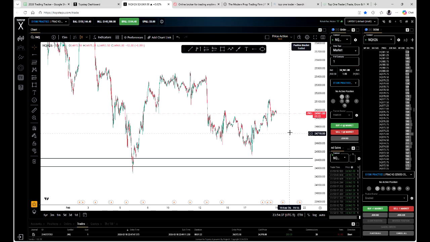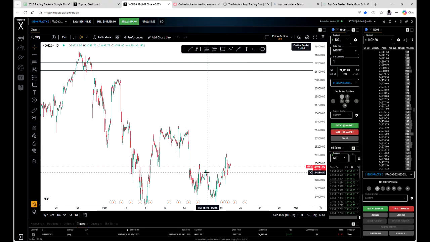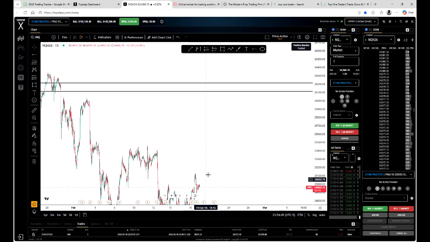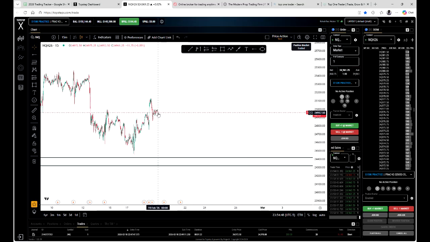But if we zoom out, we can say we just reached a low based on a higher time frame, and now the market is moving up. But in order for it to move up, it has to move down a little bit, then move up, just like we saw a moment ago.